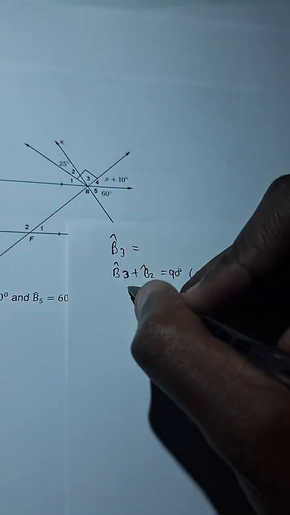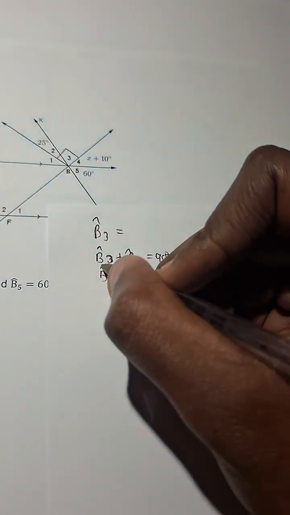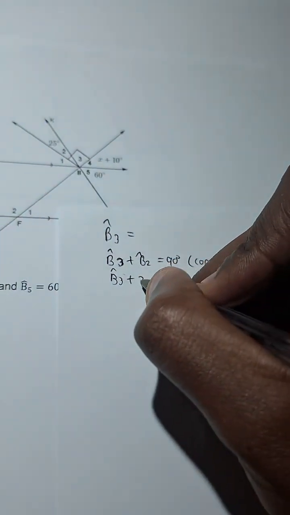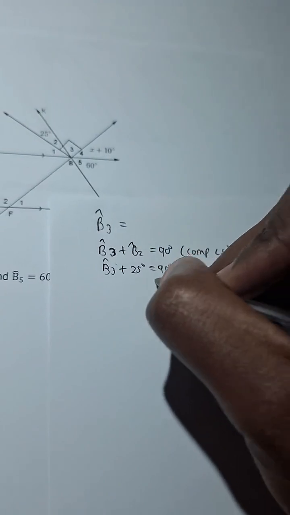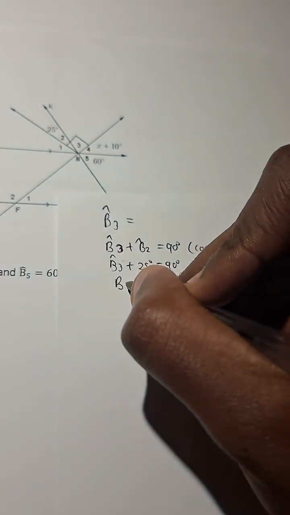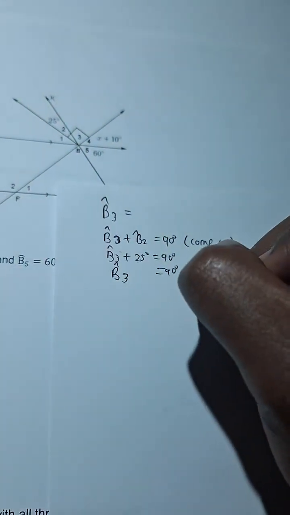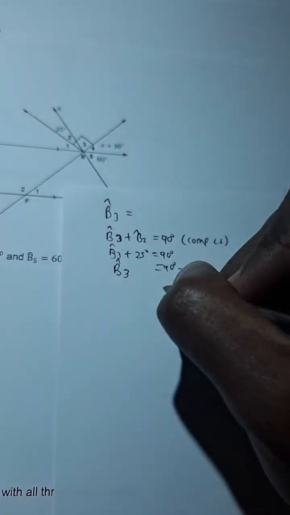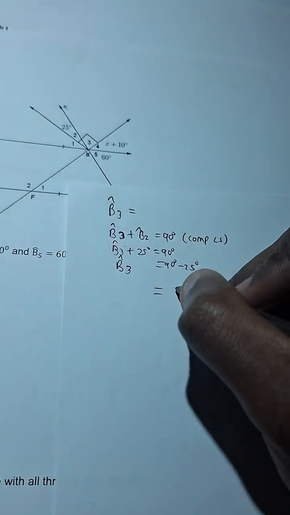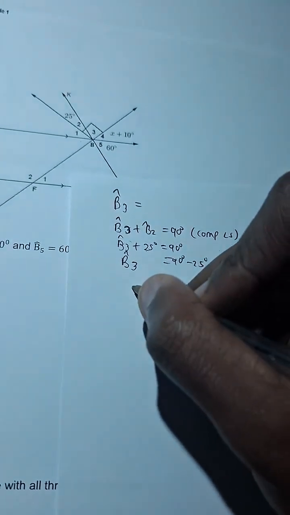Then we want to find B3. Angle B2 is 25 degrees, then we can find angle B3. We transpose the 25, it's positive 25, goes over to the other side, it becomes negative 25. Then what do we get? We get a nice answer of 65 degrees.